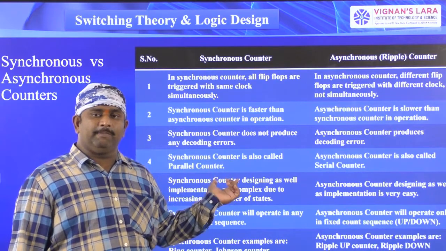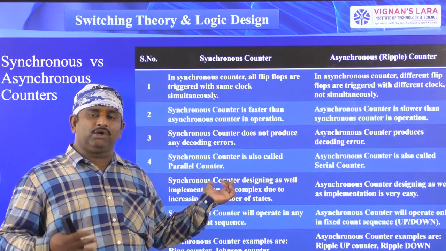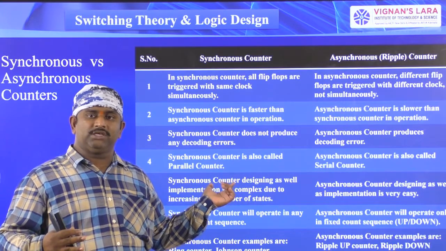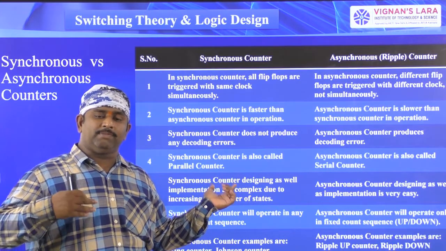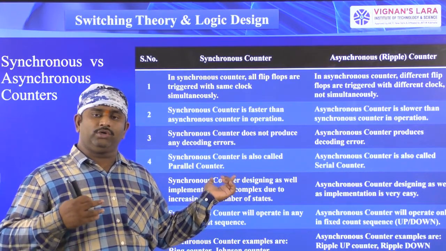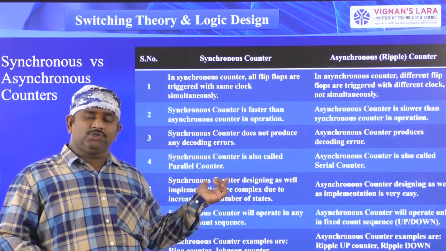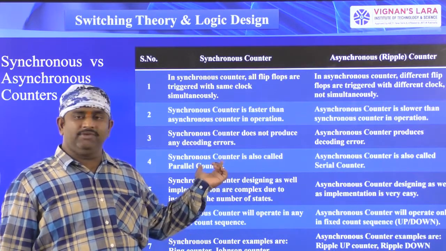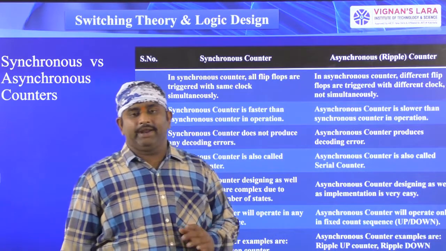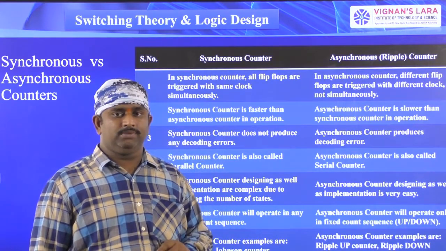But in some companies they need efficient counting. For example, in a shopping complex, almost 5 members come at a time at the entrance door. So the counter has to count how many people arrive at the entrance place. For this type of behavior, we need a synchronous counter. So this is the behavior of synchronous and asynchronous counters. Thank you.